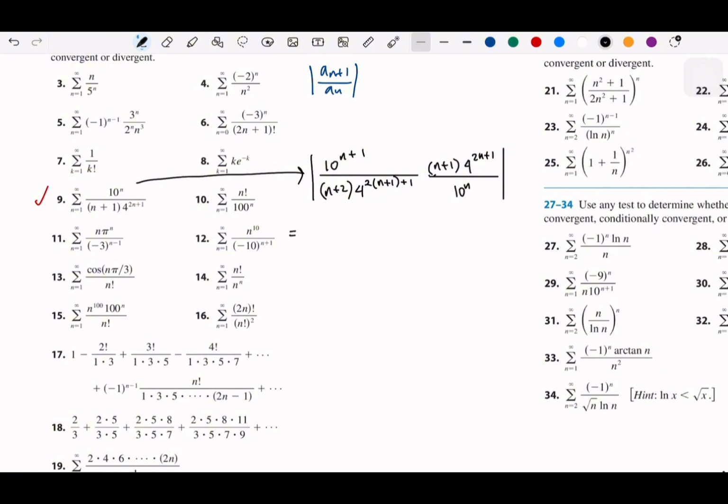Now we solve the algebra first. So this will be 10 and 10. This is n plus 2. This is 4 to the 2n, 2 plus 1, so plus 3. And then this will be n plus 1 for 2n plus 1.